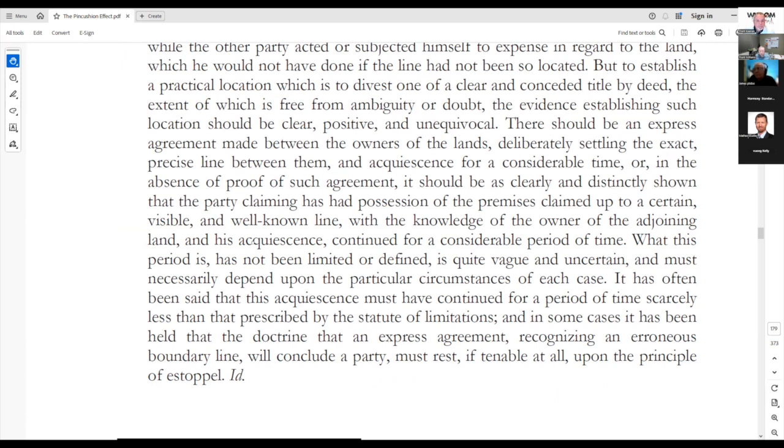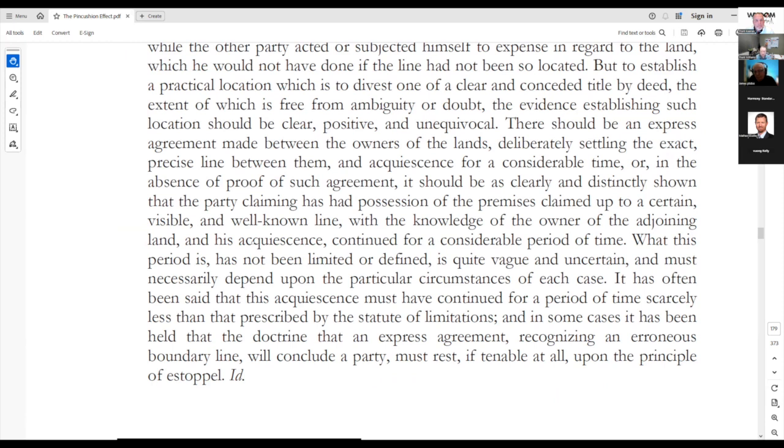But to establish a practical location, which is to divest one of a clear and conceded title by deed, the extent of which is free from ambiguity or doubt, the evidence establishing such location should be clear, positive, and unequivocal.